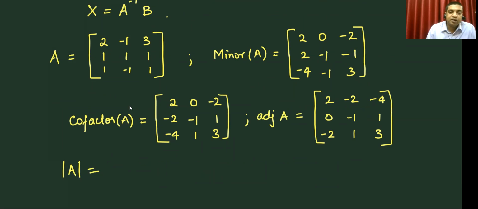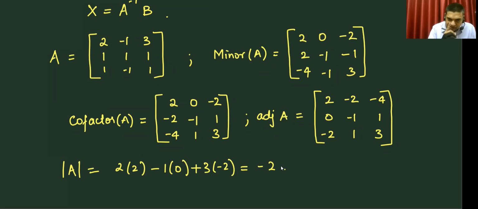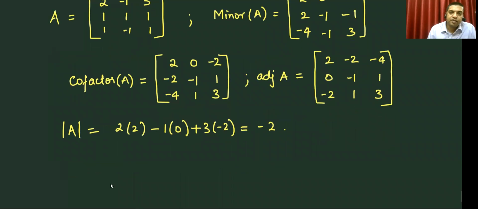Determinant of A: elements of the matrix along a row multiplied by the cofactors of that row, you can take. So 2 into 2, minus 1 into 0, plus 3 into minus 2. So the determinant is minus 2. 4 minus 6 is minus 2.